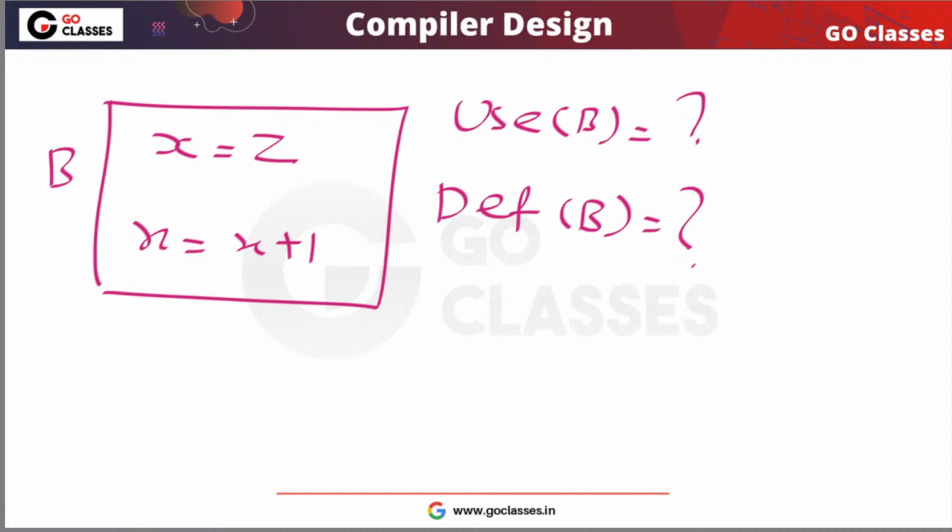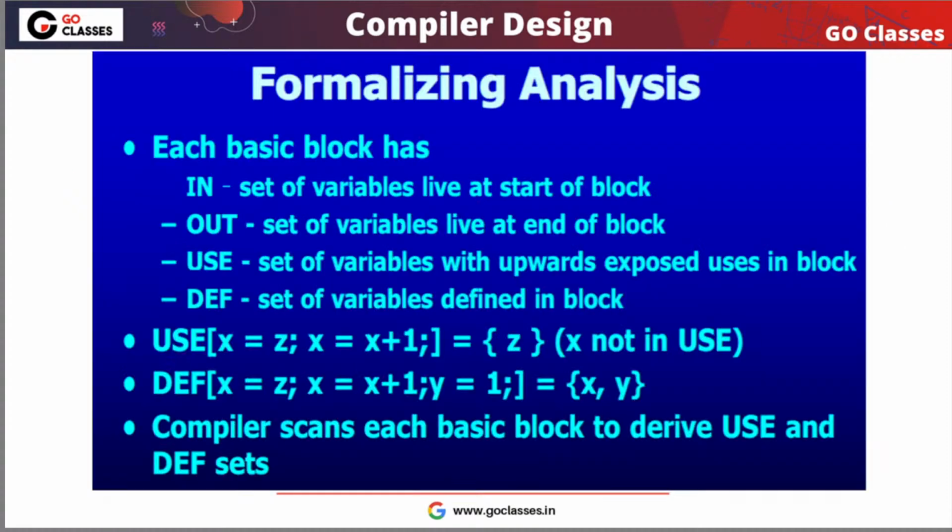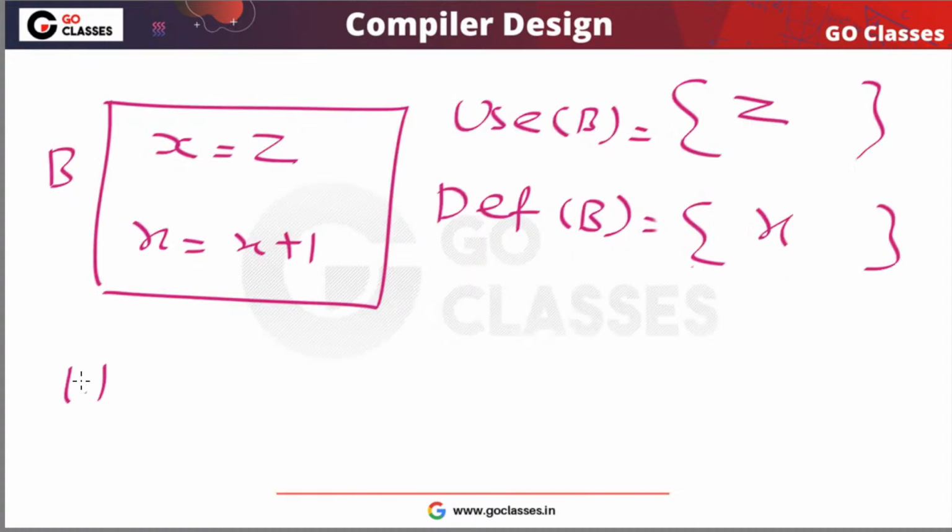Quickly tell me. The answer is very simple. You are using Z, the only variable you are using. And what you are defining? Only X. So remember X is not used in B.